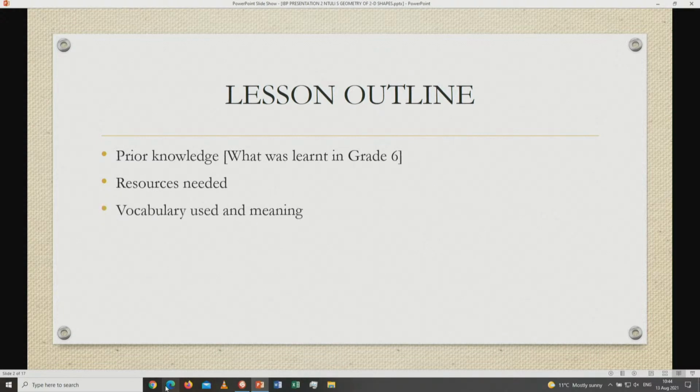Vocabulary always, guys. In each and every topic that we come across in mathematics, vocabulary plays a very important role. We need to understand the words, because in every new topic there are new words that you're going to come across.